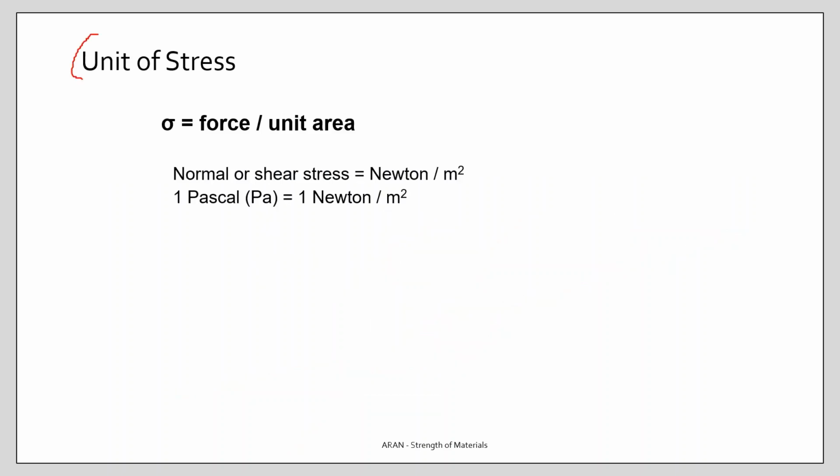What about the unit of stress? Stress is the intensity of forces. That means force, the unit is Newton, per area, the unit is meter square. And this unit is called Pascal.